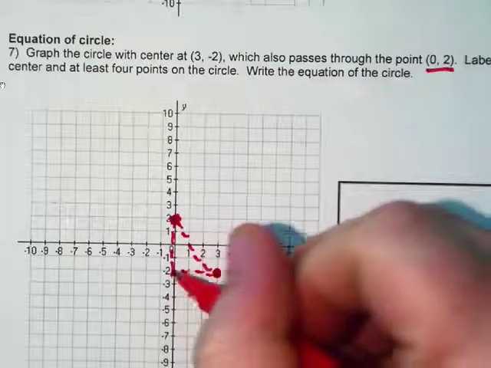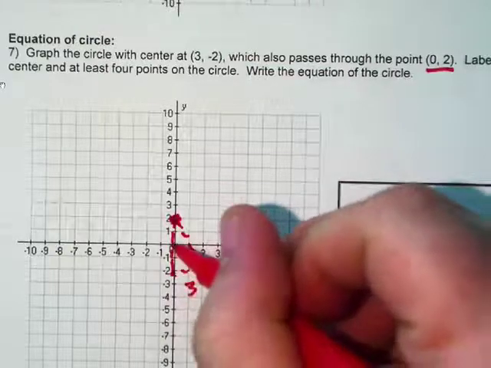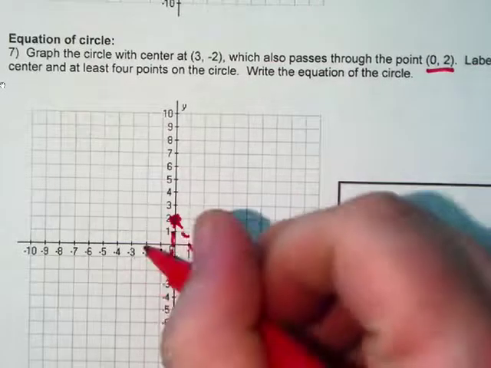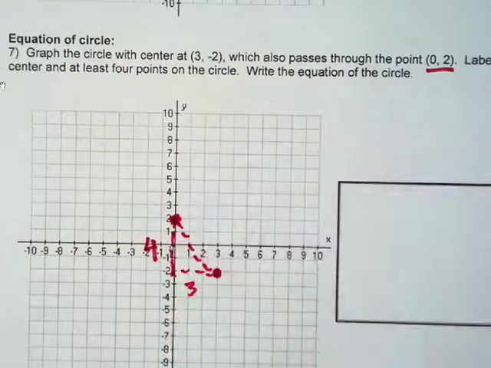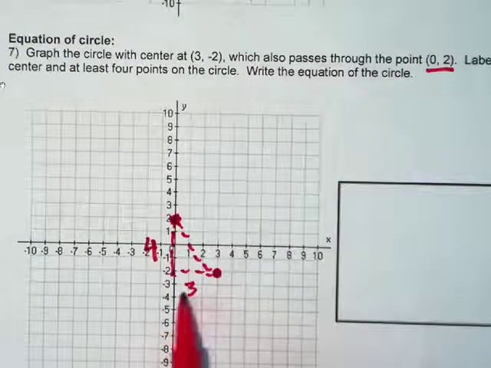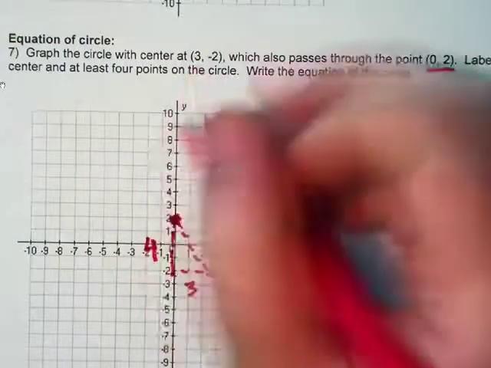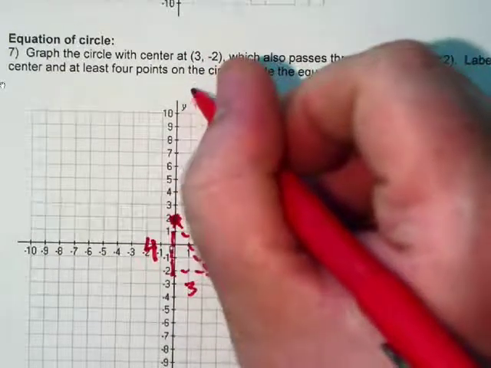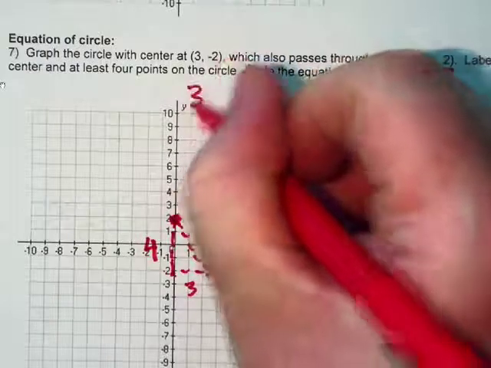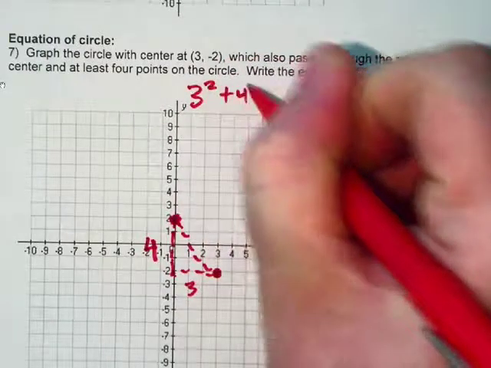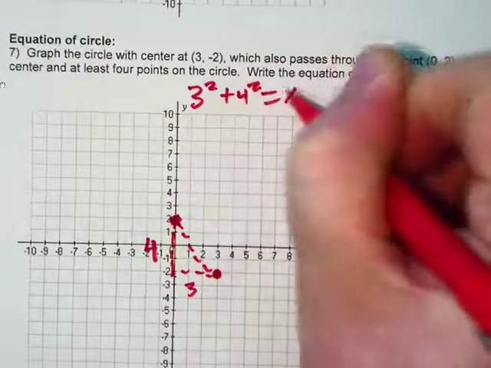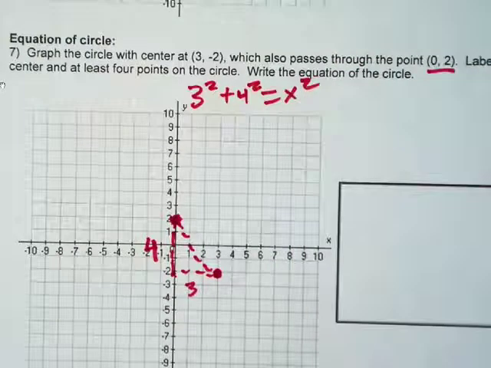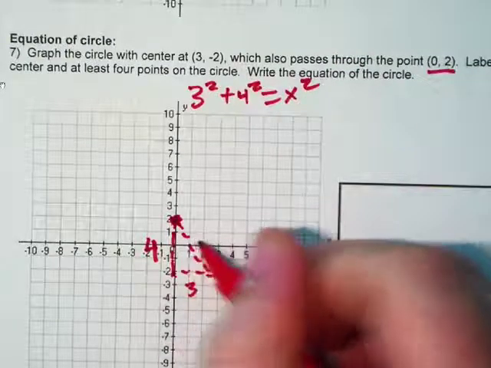Okay, from here to here, that'd be 1, 2, 3, 4. Okay, so now we know the sides of 2 of the triangles. Let's write the equation. We say, okay, 3 squared plus 4 squared equals x squared. Okay, this being our x right here.